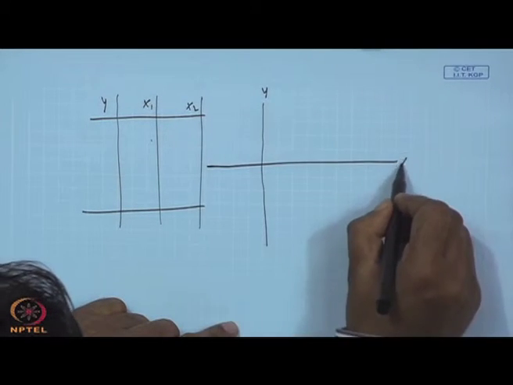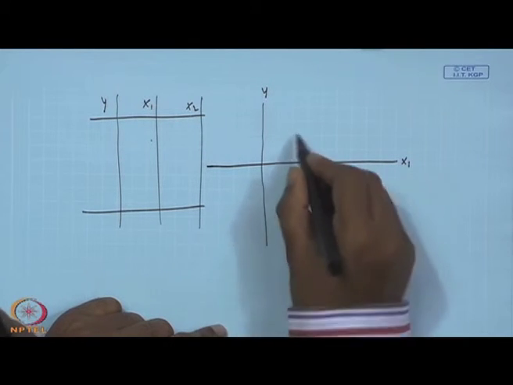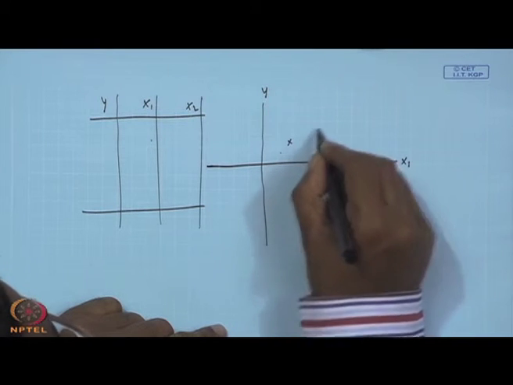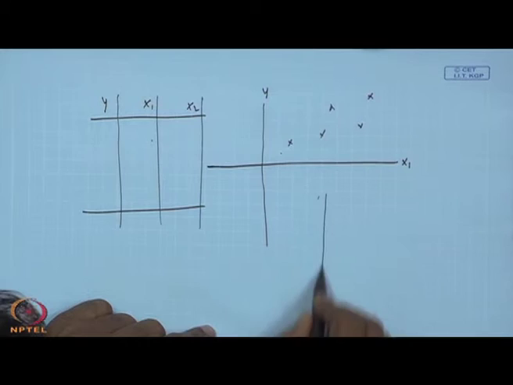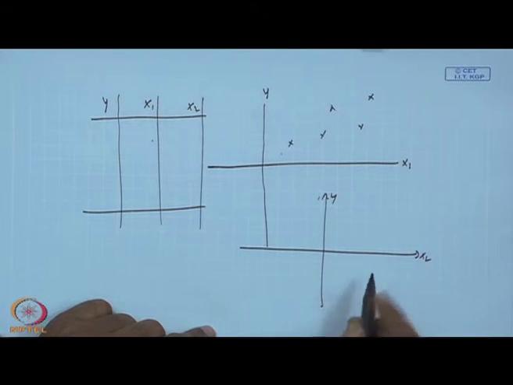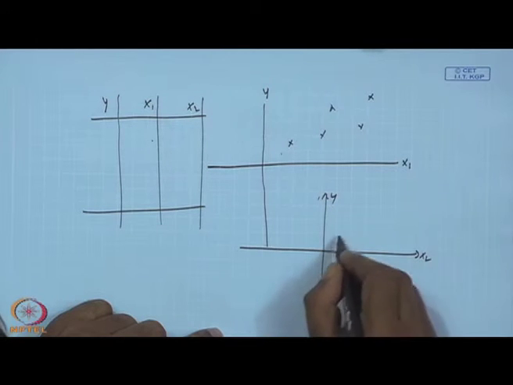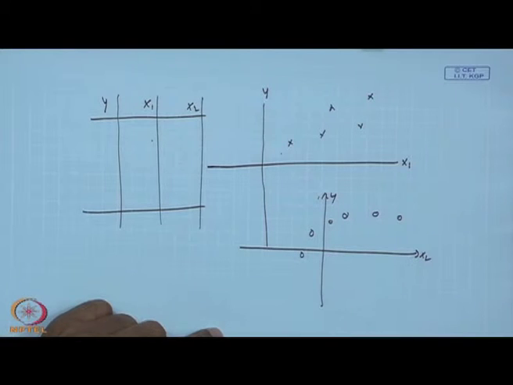Suppose this is y and this one is x1, and by seeing the scatter plot you will be able to find out whether there is linearity or non-linearity. Suppose y versus x2. Okay. So, the plot may be something like this.